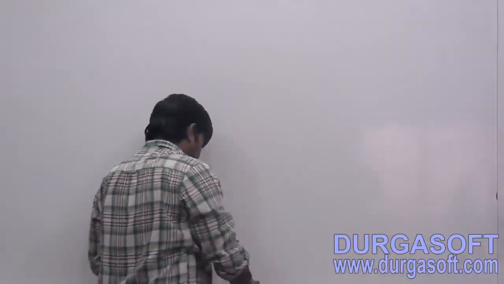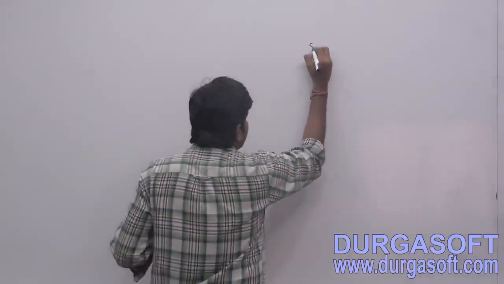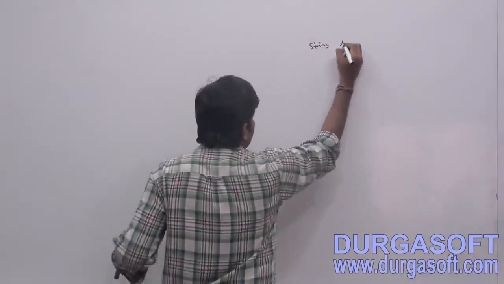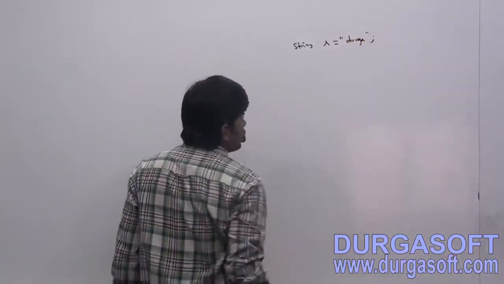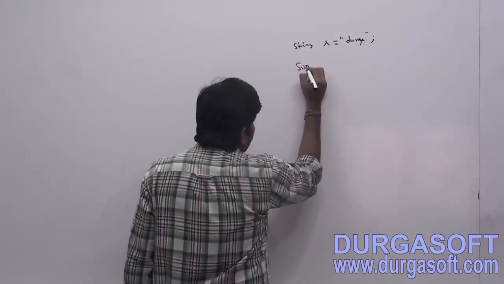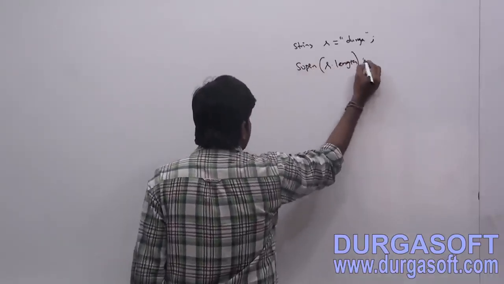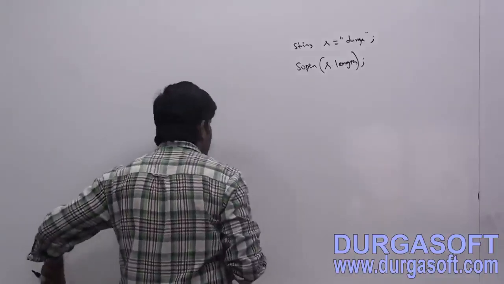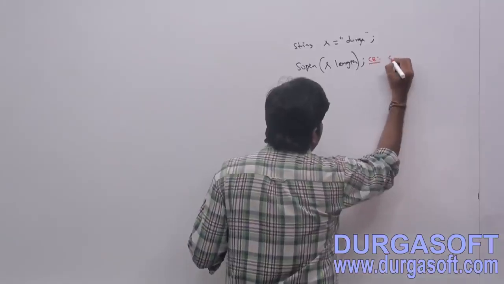Next, let's take an example, no problem. String s is equal to "Durga". System.out.println of s.length. Can you tell what compile-time error we are going to get?